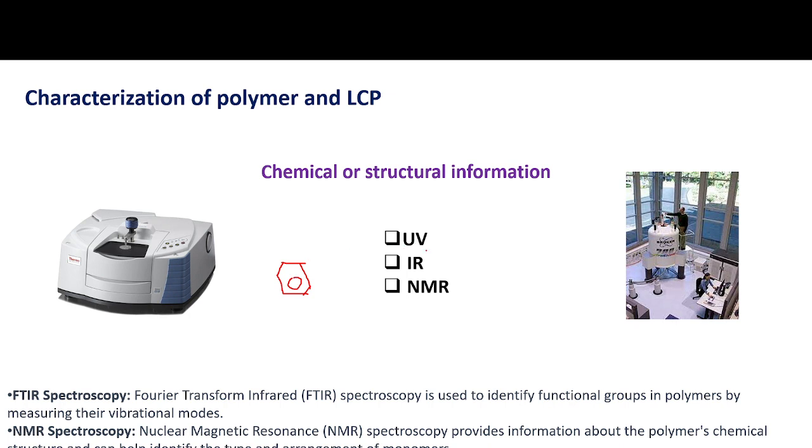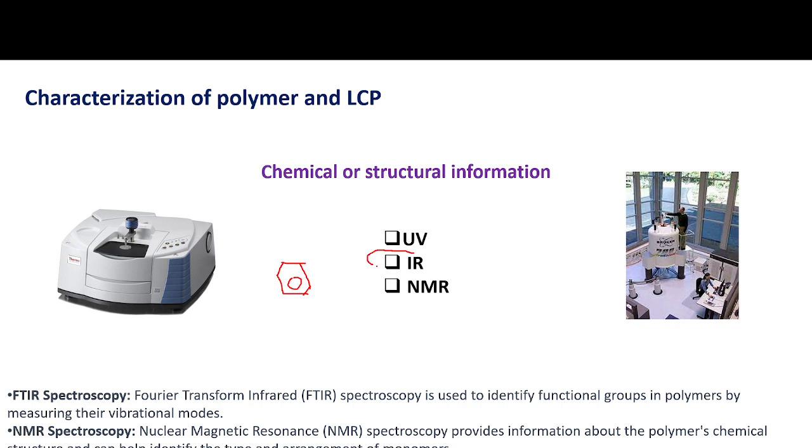From that absorption spectra we can identify whether it is aromatic or aliphatic. If there is an aliphatic group, the absorption region will be very low. If there is an aromatic group, it may come around 500, 600 like that. So from this we can identify whether our polymer system has aromatic or aliphatic groups.